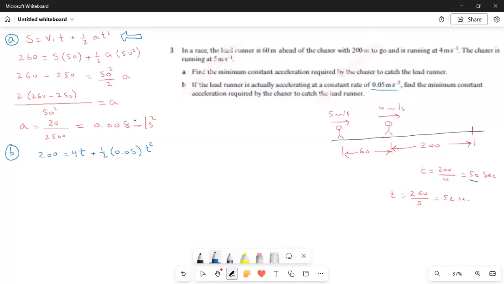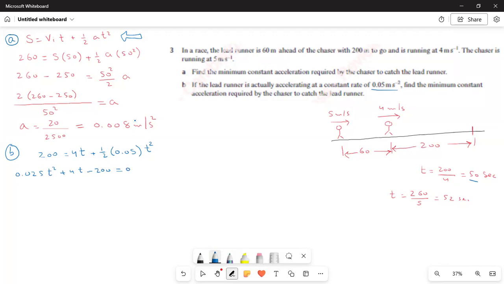So let's solve this equation and it will give us a value of t. You can see 0.05 divided by 2 is going to be 0.025 t squared plus 4t minus 200 equals 0.